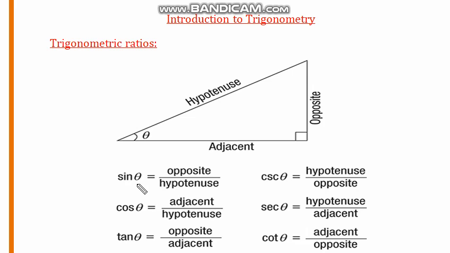Students, let's discuss some ratios of trigonometry. The first one is sine theta. Sine theta means opposite by hypotenuse. Here I took the angle, so this side is opposite and this is the hypotenuse. So sine theta equals opposite by hypotenuse.